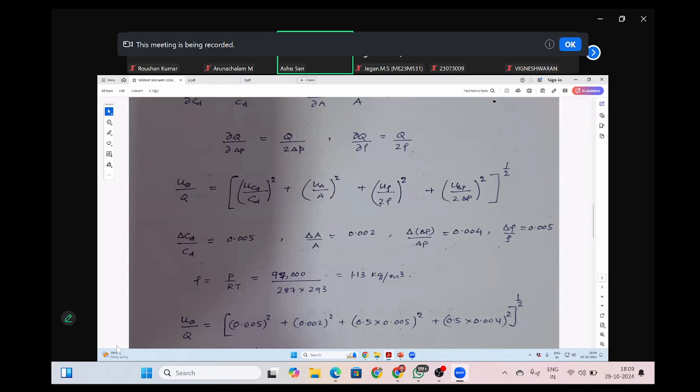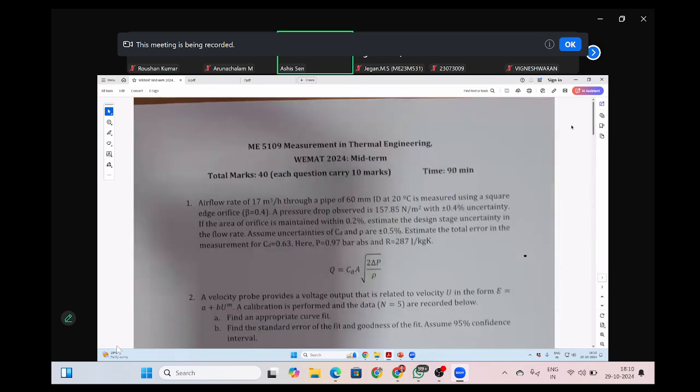Similarly, delta A over A is 0.002. Delta of delta P divided by delta P is 0.004. And delta rho over rho is 0.005.